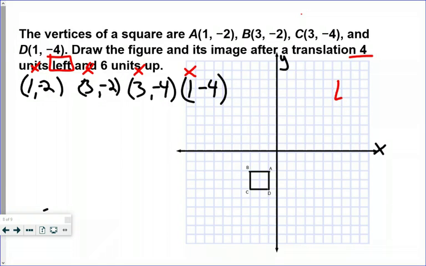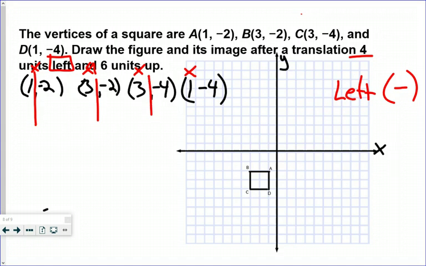Now, we stated before that left means negative, so we're going to subtract when we go to the left. So for each one of these, we're going to tee it up, just like we did in equations, build a wall in between these two, and we're going to subtract 4 from each one of the x values to get our new value of where this is going to be translated.